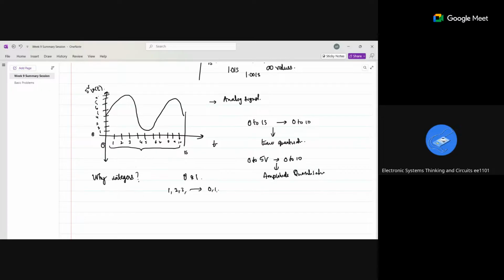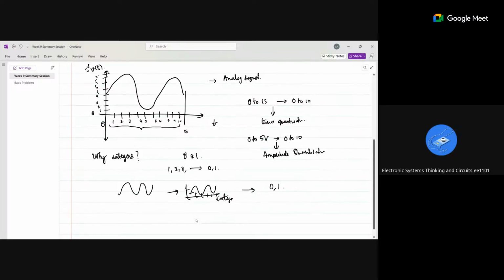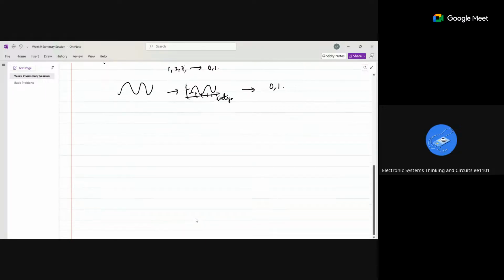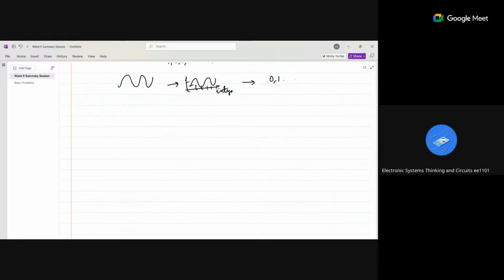So whatever analog signal I have, first I am discretizing it into points in the x-axis and y-axis so that I get integer values. Then I can convert that integer value into zeros and ones. This process of converting integer values into zeros and ones you will learn in your next week 10 lectures. It's all about binary conversion. Is it clear? Yes, ma'am.